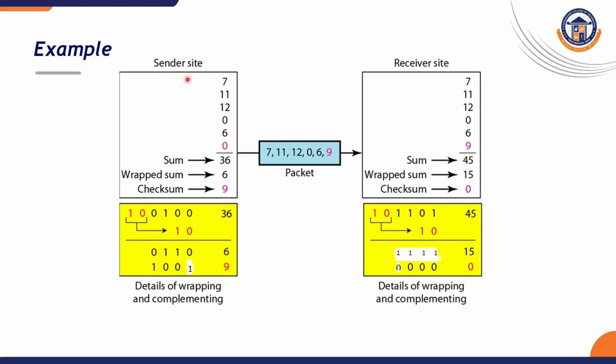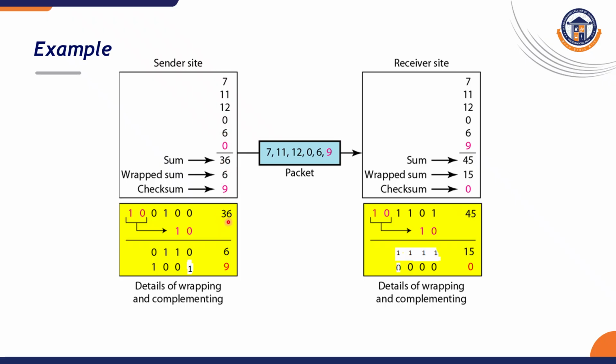For example, from the sender side, we are sending the 5 4-bit numbers 7, 11, 12, 0 and 6, but the initial checksum is 0. By adding all these numbers, we get the sum as 36.